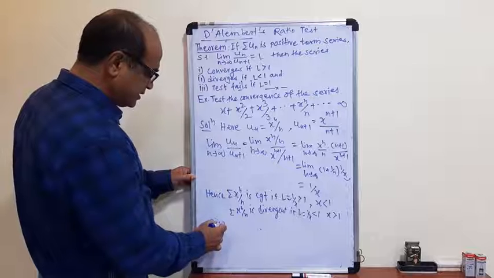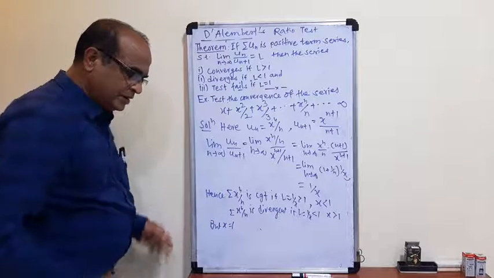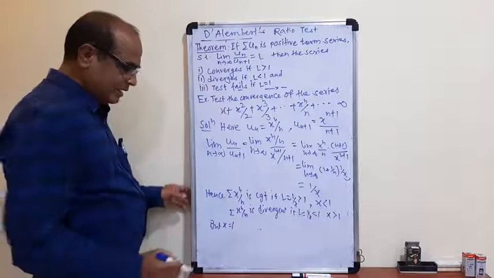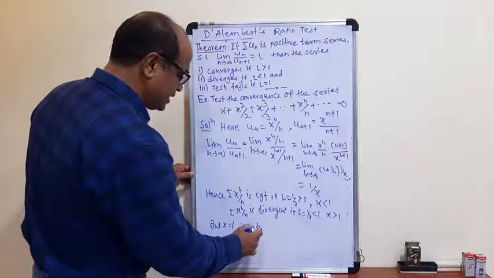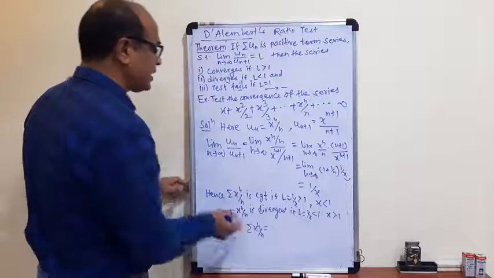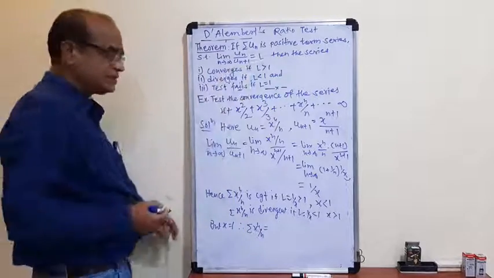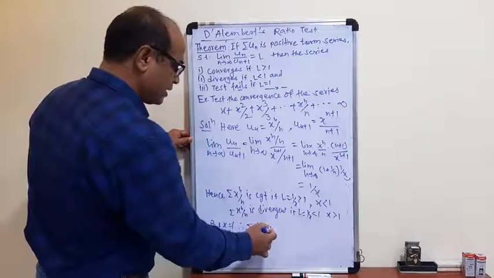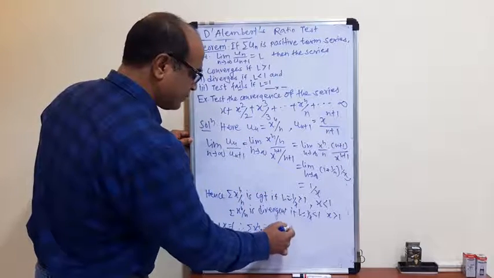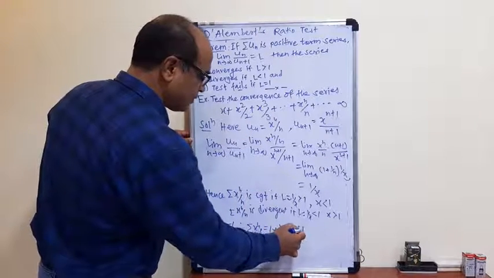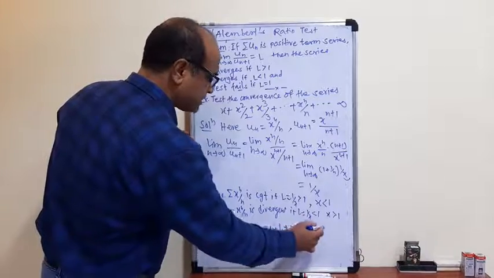Then what happens when x is equal to 1? The given series, summation of un, is x raised to n divided by n. Put x equal to 1 in this series: 1 plus 1/2 plus 1/3 plus 1/4 and so on.